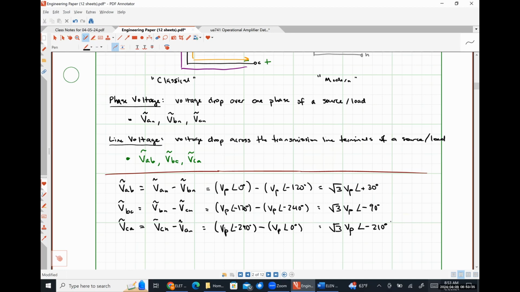We'll see that consequence of labeling things this way is also going to make what are called our line currents and our phase currents all behave in the exact same way, where the B phase will lag the A phase by 120 and the C phase will lag the B phase by 120 degrees. So consistency in the notation is incredibly important to make sure that all of our relationships behave the way that they're supposed to.